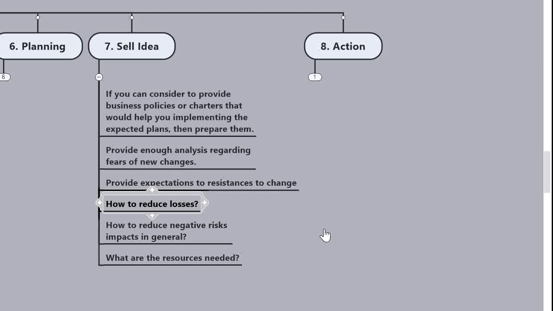You can use gap analysis. You can look at losses from using certain kinds of services, and how to renew your contracting with such services. That is something you need to consider. How to reduce negative risk impacts in general.